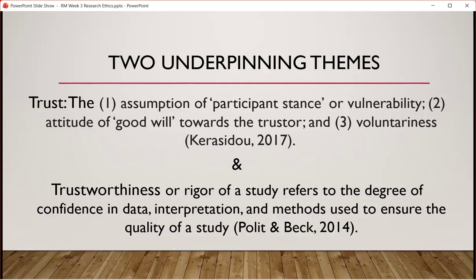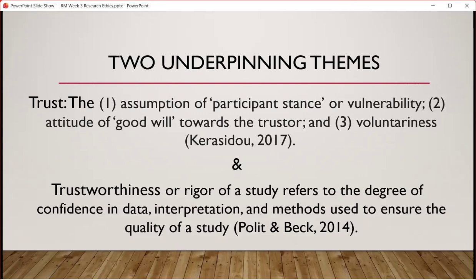When we talk about trust in research, we talk about the assumption of the participant stance or vulnerability, the attitude of goodwill towards the trustor, and the voluntariness of the research. And trustworthy and the rigor of the study refers to the degree of confidence in data, interpretation, and methods used to ensure the quality of the study.